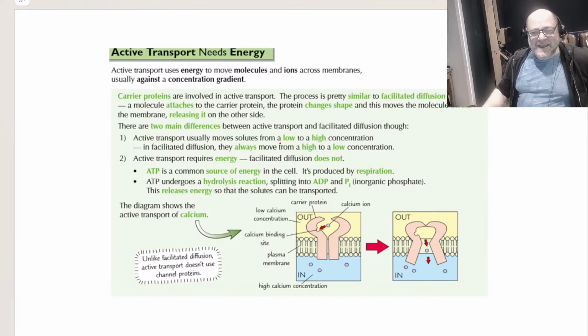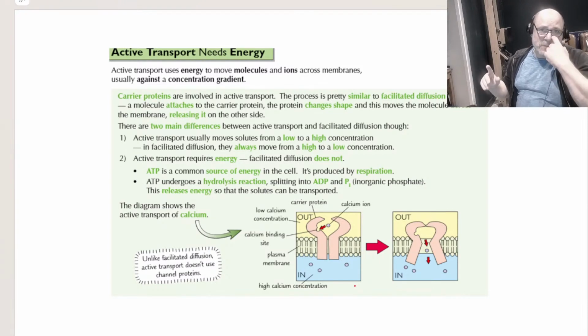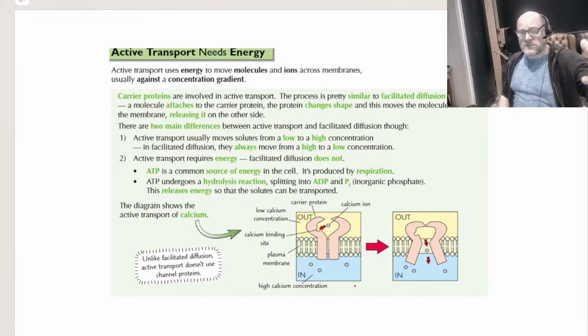This is a carrier protein. You don't have to read all of that, guys. Active transport is the movement of substances, you did this at GCSE, from a low concentration to a high concentration using ATP, using energy from respiration. At A level, we use the word ATP, and ATP is hydrolyzed, which means broken.